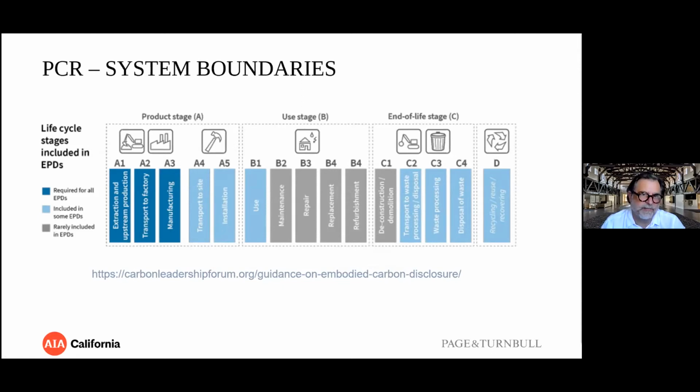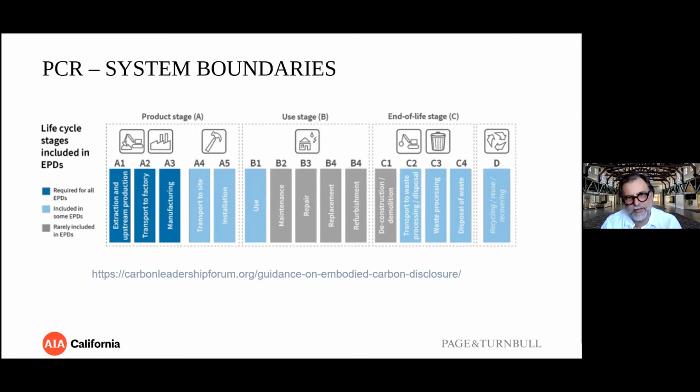But they are mandated to report the extraction and upstream production, the transportation to the factory, and the resources and outputs that go into manufacturing, but they don't really report the transportation to the construction site.